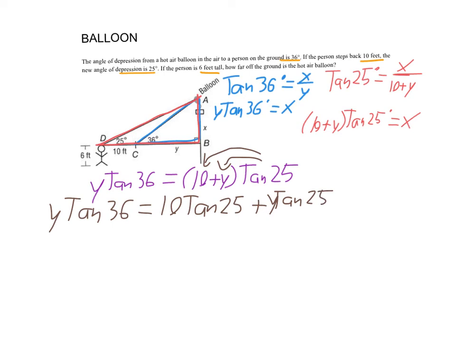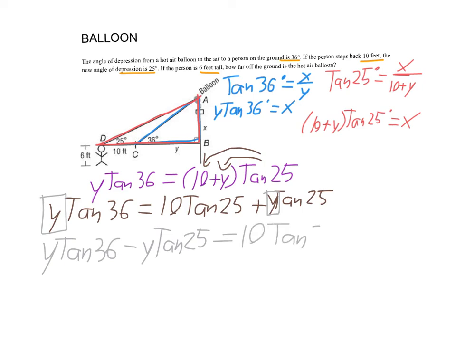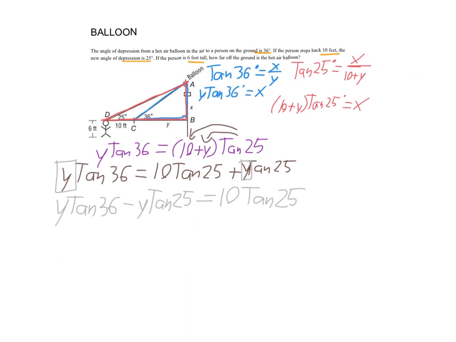I want to move both my y's to the left side of my equation, so I'm going to subtract y tan 25 from both sides. So I get y tan 36 minus y tan 25 is equal to 10 tan 25. I have a pair of y's on my left side that I'm going to factor out.